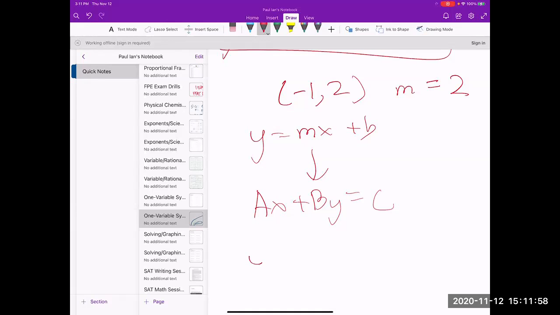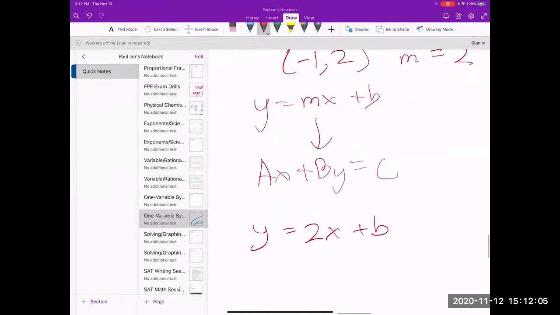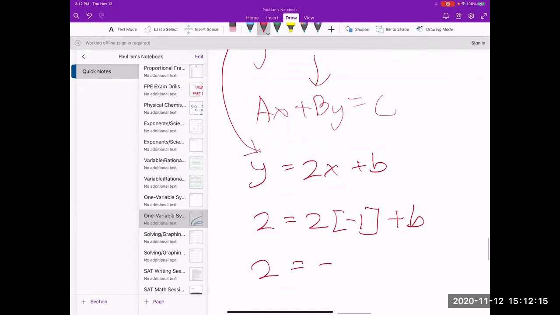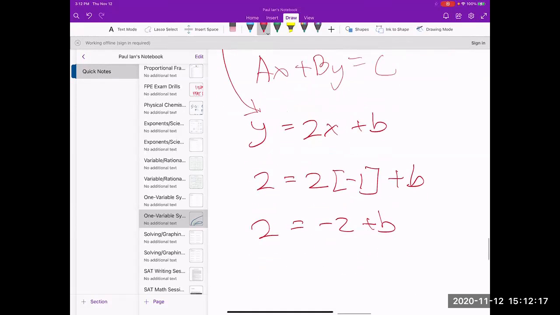Y equals 2x plus b, and then how do you get b? Plug in -1. So 2 equals 2 times -1 plus b, and that's 2 equals -2 plus b. What is b? 4. Yep, so it's 4.